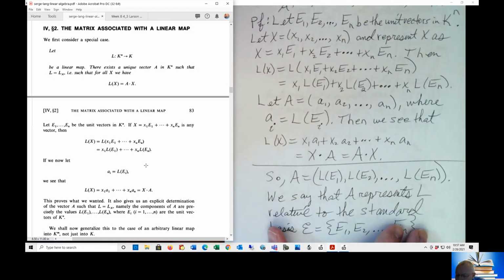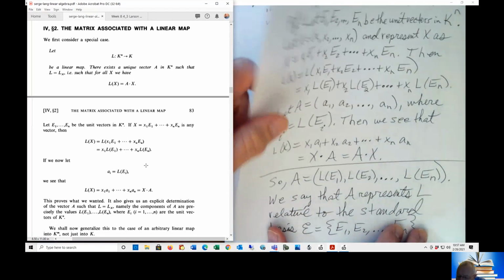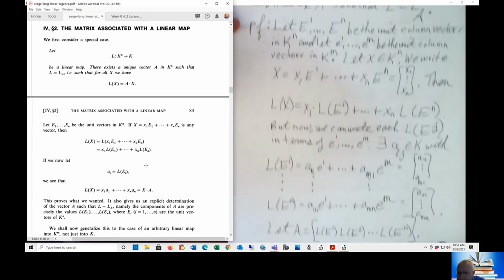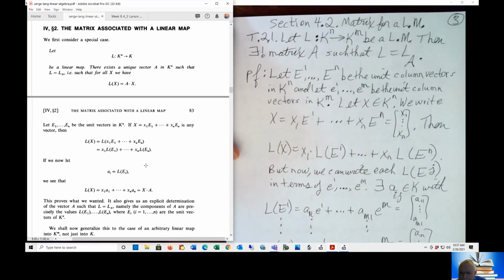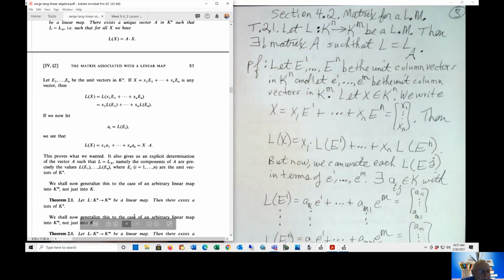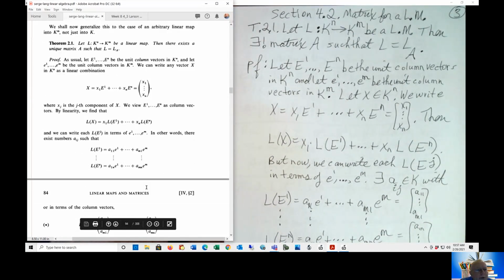It's just the vector whose coordinates are the L of EI's from E1 to En. All right? Now, we want to look at the general case, which is addressed in Theorem 2.1. All right, so let's look at Theorem 2.1. What does it say?